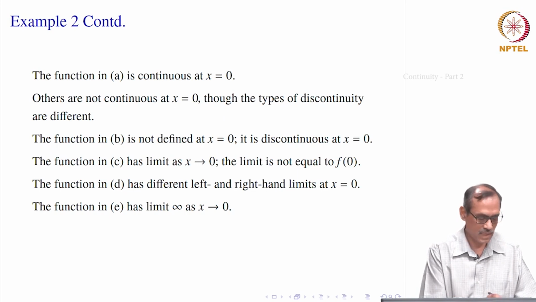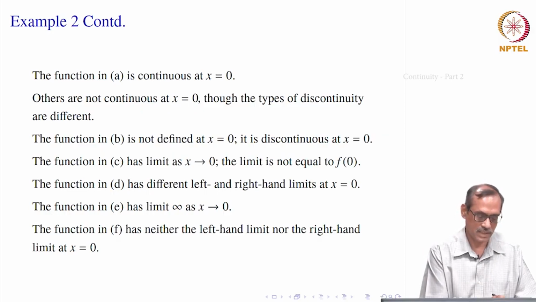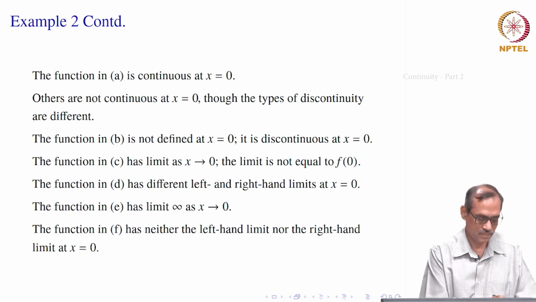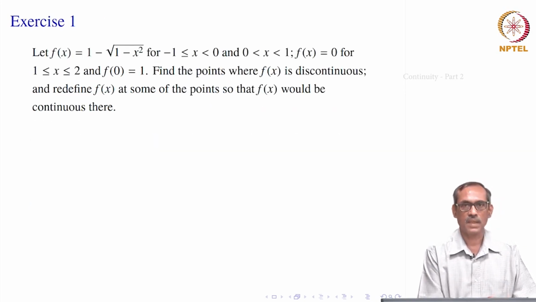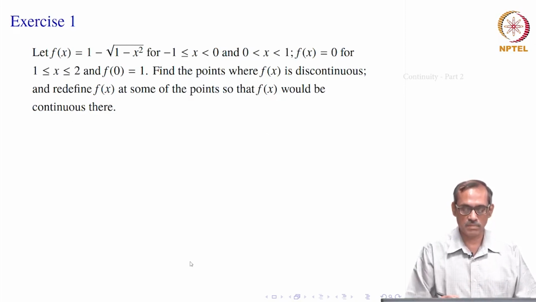E has limit infinity as x goes to 0, also the function is not defined, so we cannot redefine it to make it continuous. In F, neither the left hand limit nor the right hand limit at x equal to 0 exists. They do not exist because they oscillate. So, f is also not continuous. Is that fine?